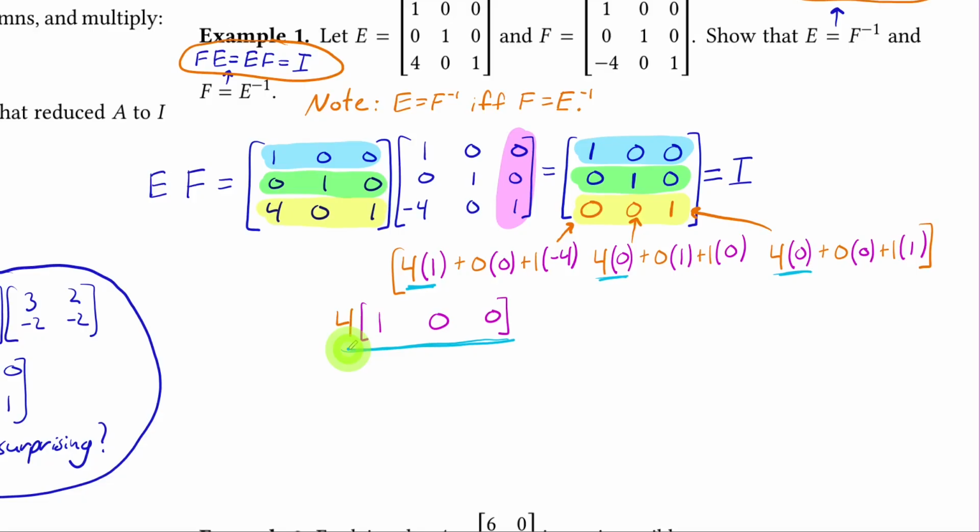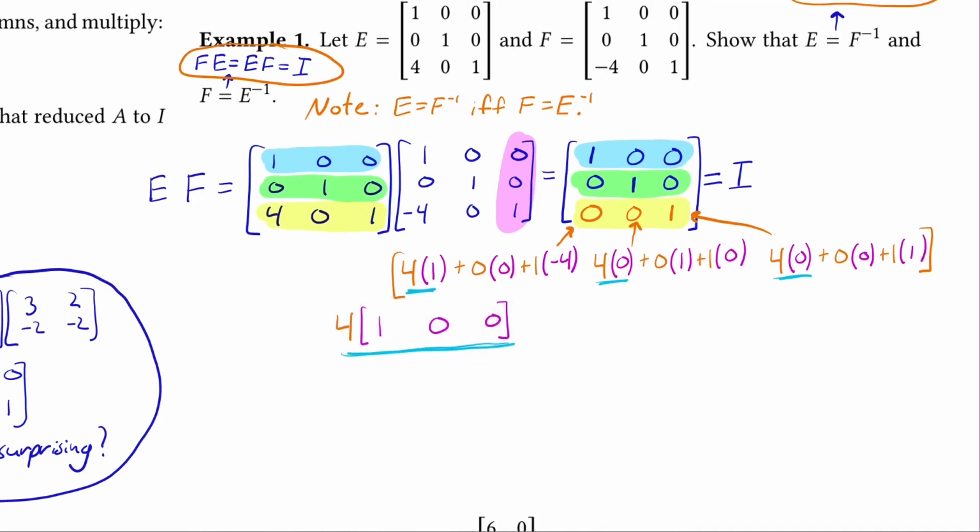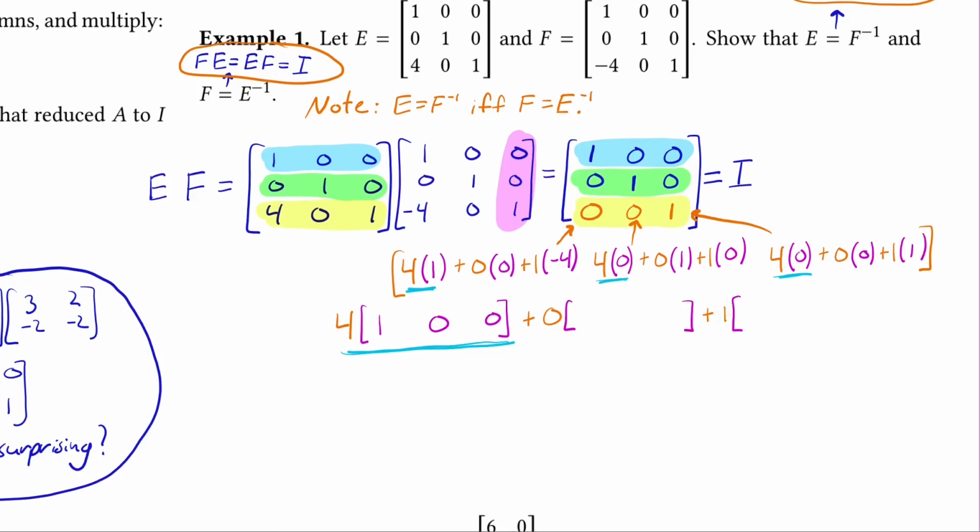Now, if we take this matrix, this 4, 0, 0 matrix, and add it to this other pair of matrices, we're sort of making a linear combination of rows, essentially.